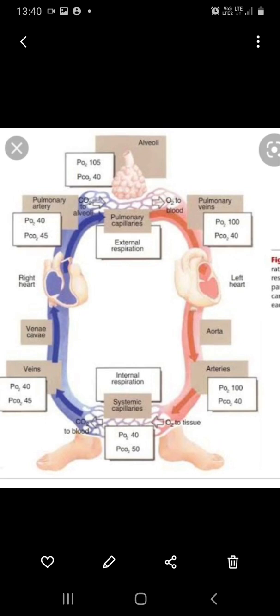To calculate P atmosphere, it is equal to partial pressure of nitrogen plus partial pressure of oxygen plus partial pressure of water plus partial pressure of carbon dioxide, and it comes out to be 760 mm of mercury.